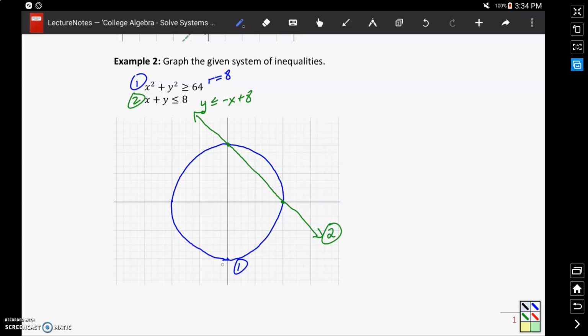In this case, I already know that 0, -9 is going to be a solution that works for both, but we can test that. By plugging 0 and -9 into the first inequality to get 81 is greater than or equal to 64.